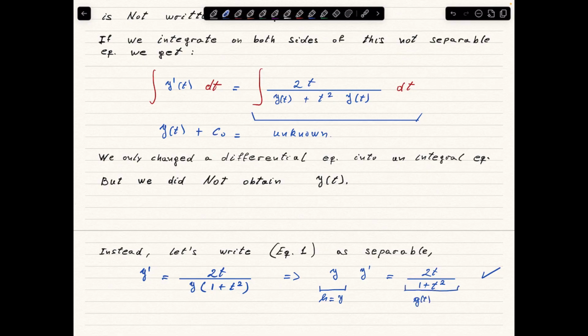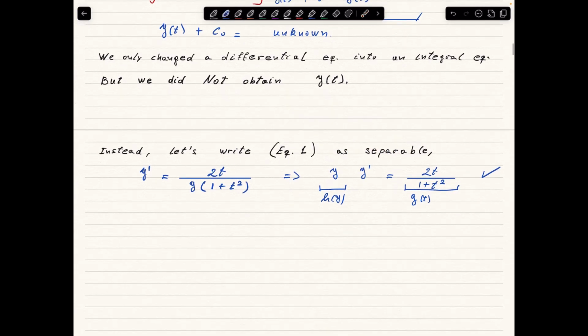So h of y equals y, and this is g. That g is horrible, but this is g, and the other is h.